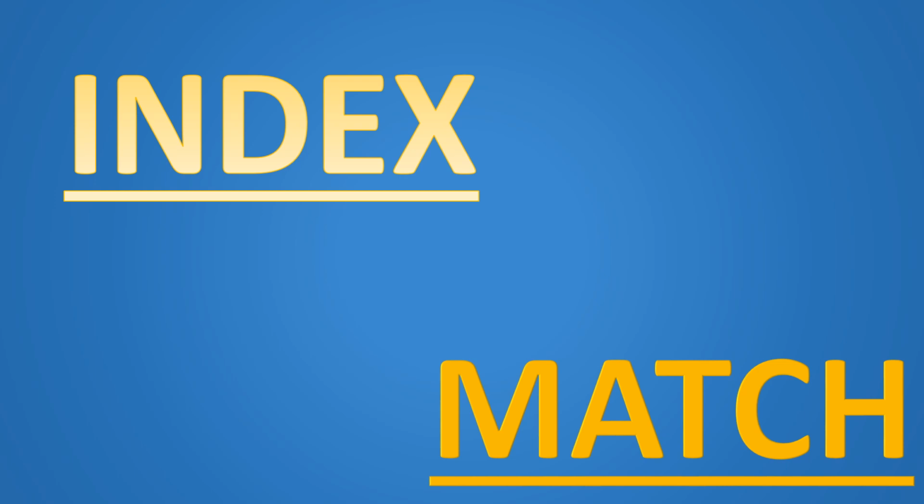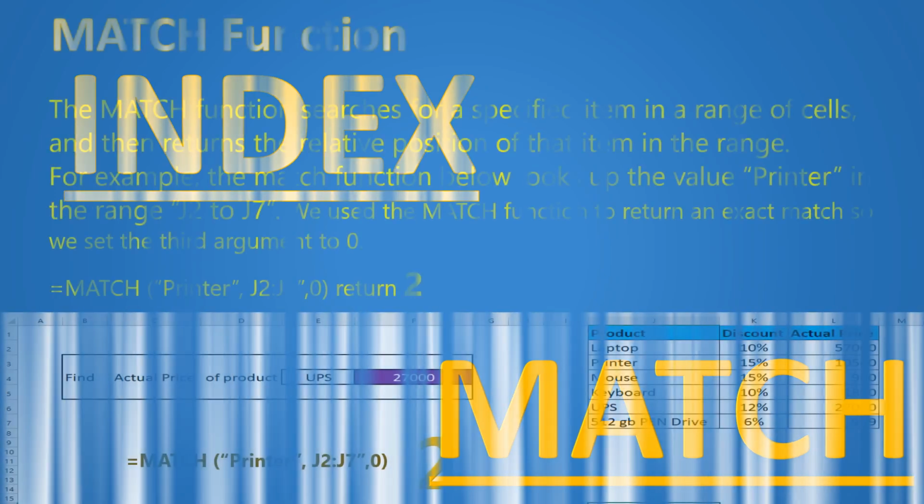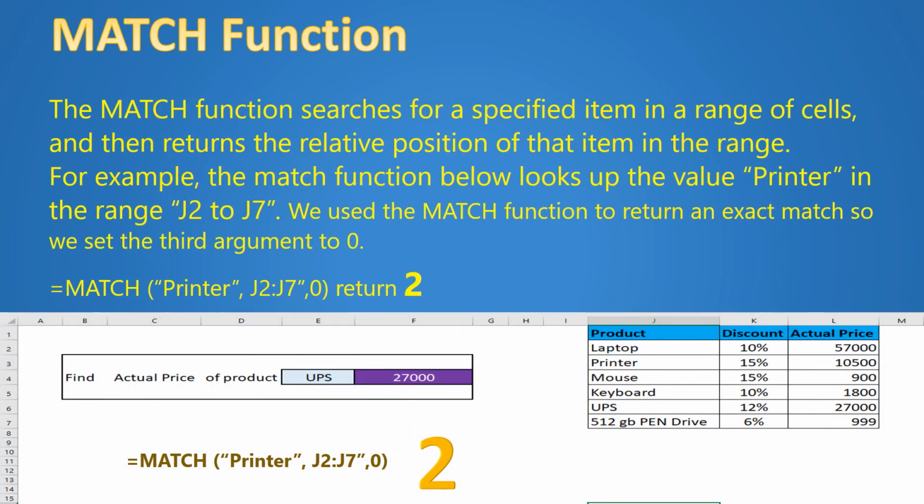Let us understand the INDEX and MATCH functions in detail. Firstly, let us see the MATCH function. The MATCH function searches for a specified item in a range of cells and then returns the relative position of that item in the range. For example, the MATCH function below looks up the value printer in the range J2 to J7.